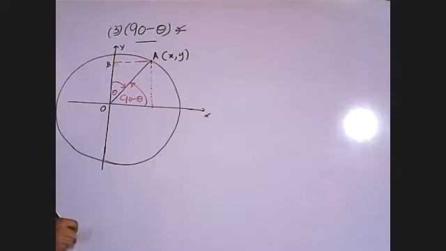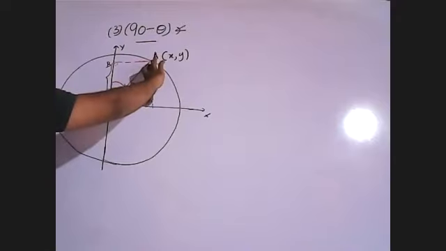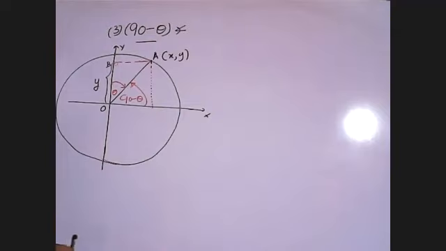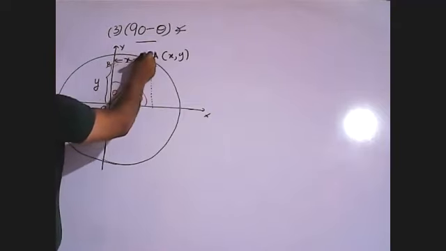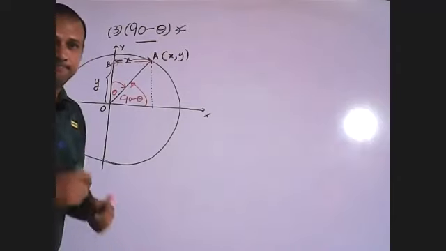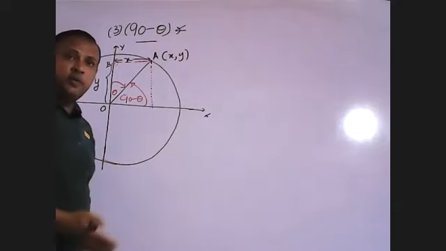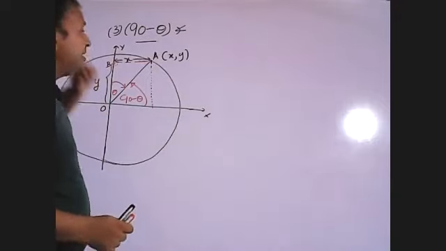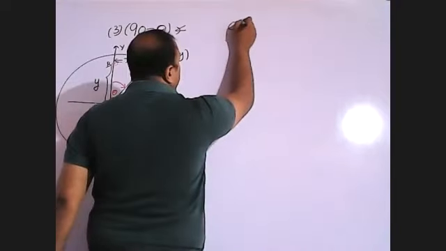Then this length is equal to this height, that means y, and this length should be equal to x. Then I can write trigonometric expressions using the OAB triangle.